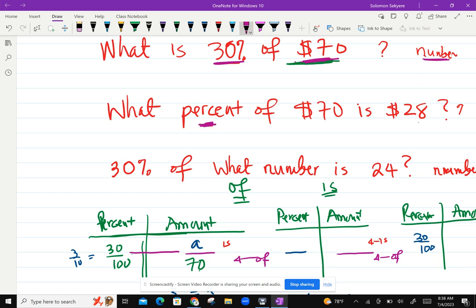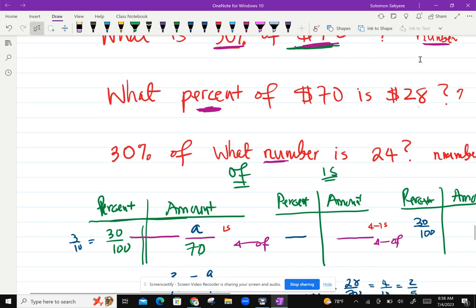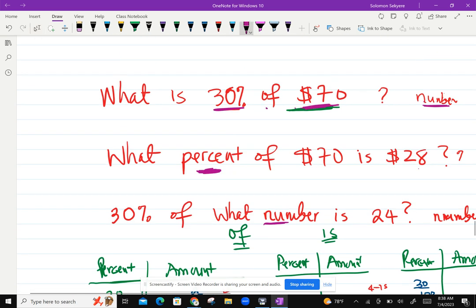Here you're given the amount and asked what percent, so your final answer should be a percent. And lastly, you're given a percentage again and asked to calculate the number. So let's pay attention to the words "of" and "is."